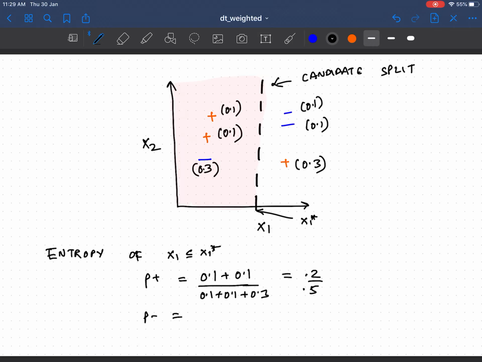Probability of minus is 0.3 divided by 0.5. So using this weighted probability of plus and minus, we can calculate the entropy of this subset of examples. We can repeat the same procedure for the second subset.